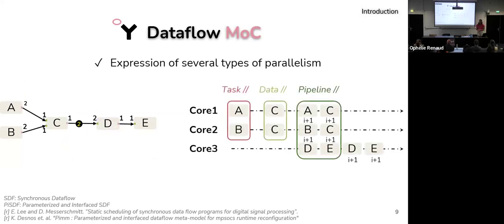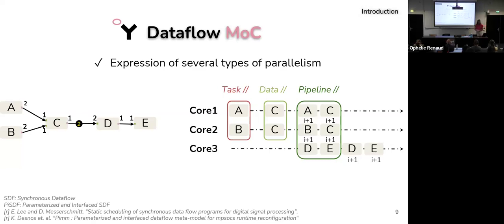So this model has several advantages, like expressing several types of parallelism. For example, task parallelism consists in executing several actors at the same time. Here, actor A and actor B can be executed simultaneously on two processing elements. Data parallelism consists in executing simultaneously several instances of the same actor if there are enough data tokens at the input of the actor.